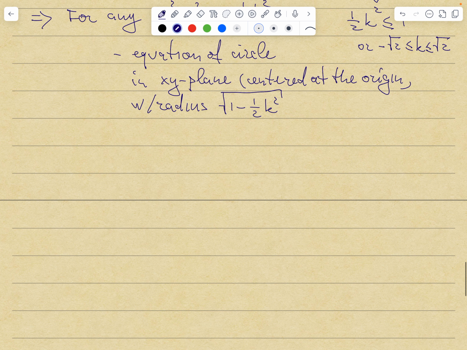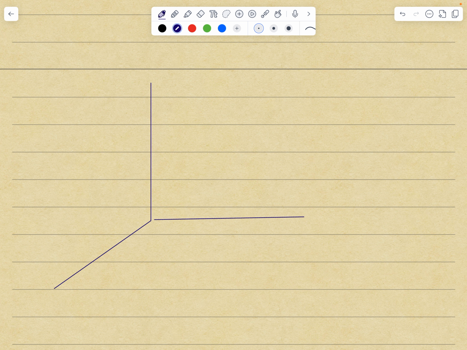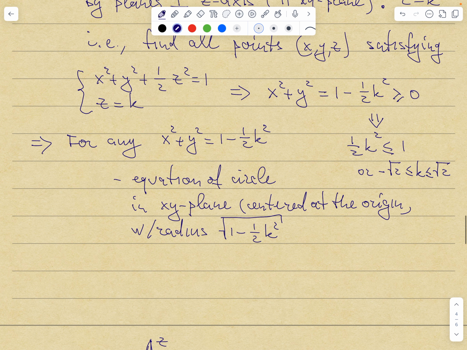Let's do it on the next page. So I'm intersecting my surface by different planes at a level z equal to k, and I discovered that this equation is only legitimate as long as k is between minus square root of 2 and square root of 2.